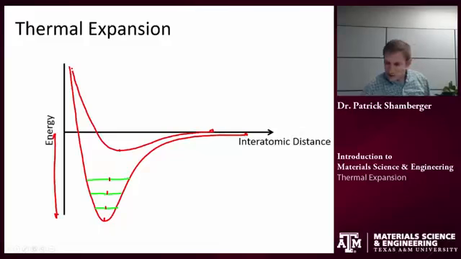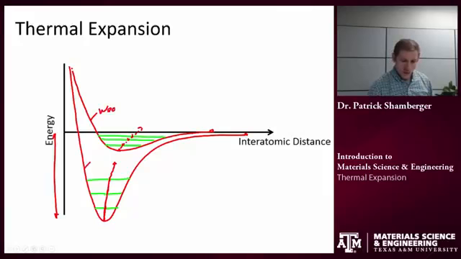we'll start to see something pretty interesting. And that is that for a smaller amount of heating, we tend to get a larger change in equilibrium distance in the weaker bond than we do in the stronger bond.